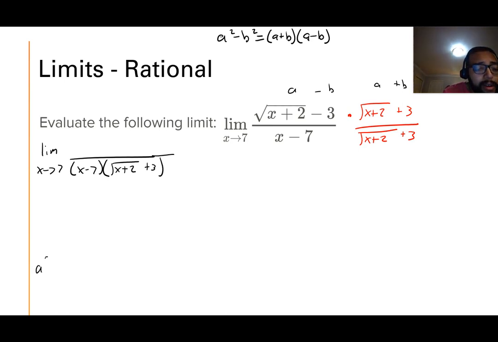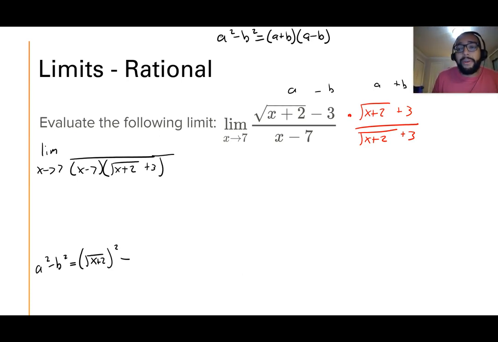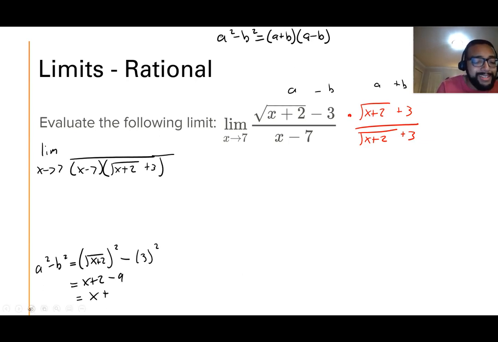So our A squared minus B squared is going to be the square root of x plus 2 squared minus B squared, which B in this case is just going to be that value of 3. So the square root of x plus 2 squared is just x plus 2. And then 3 squared is 9, so that's just minus 9. Which is nice because that is now just x minus 7. I could do math.